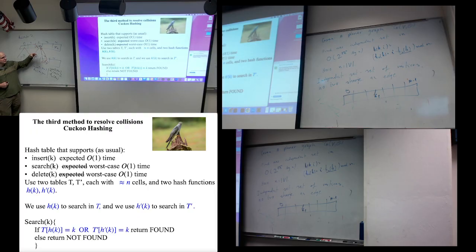That's the only two locations x1 can be: either in the second table at h2 of x1, or in the first table at h1 of x1.